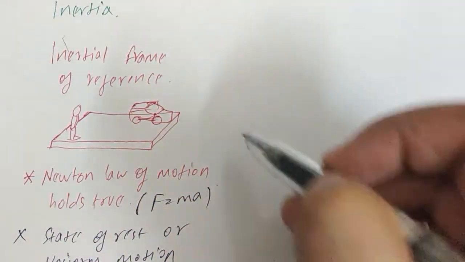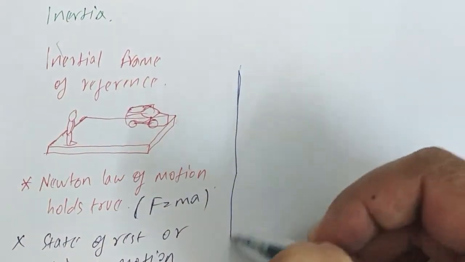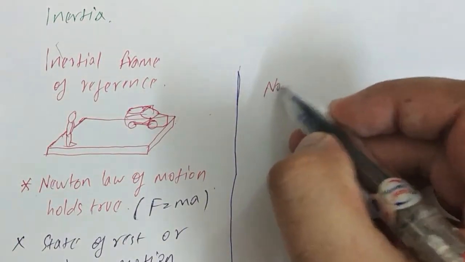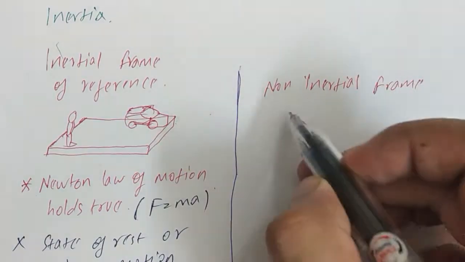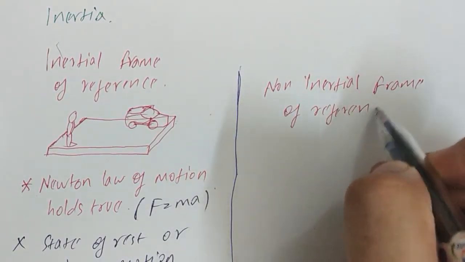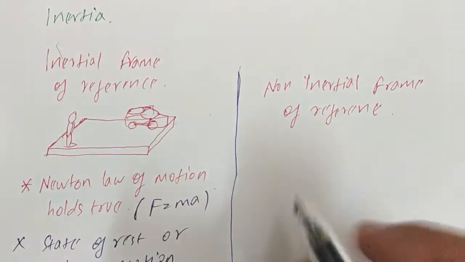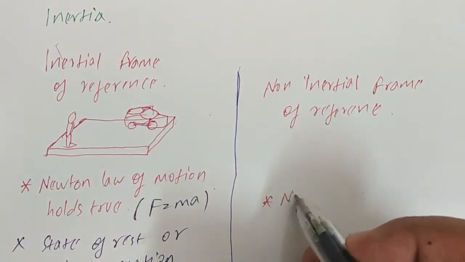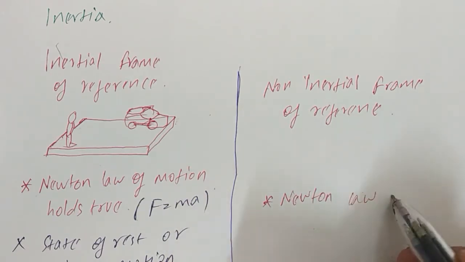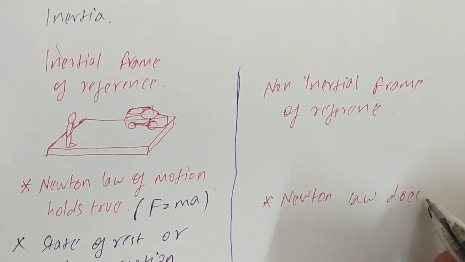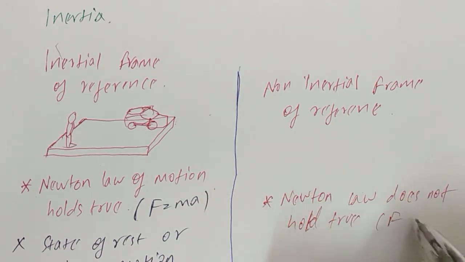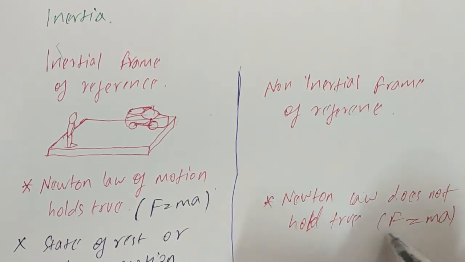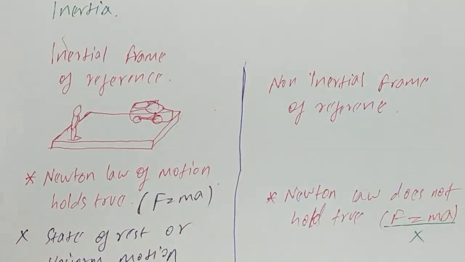After that, we need to understand what is a non-inertial frame of reference. A non-inertial frame of reference is a frame of reference where Newton's law does not hold true. So F equal to ma is not valid from the non-inertial frame of reference.